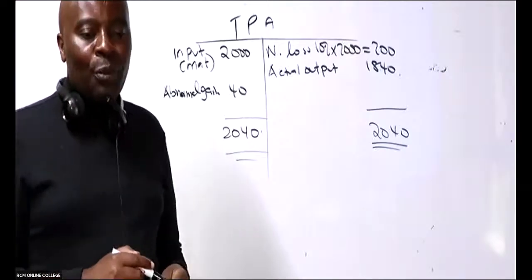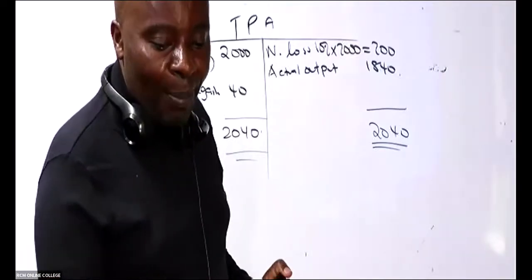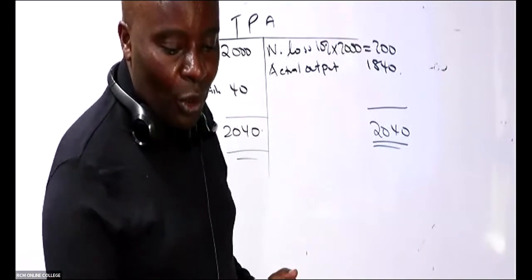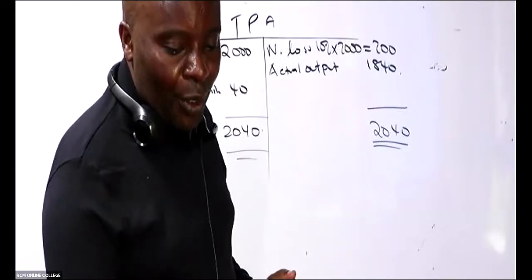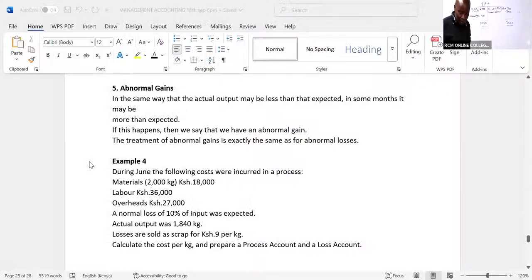Then after that, we should be able to go ahead and do a process account. Very easy, easy peasy. So we have here a throughput account is over.